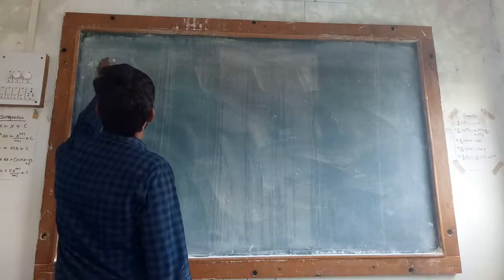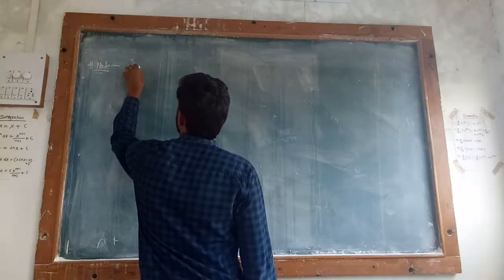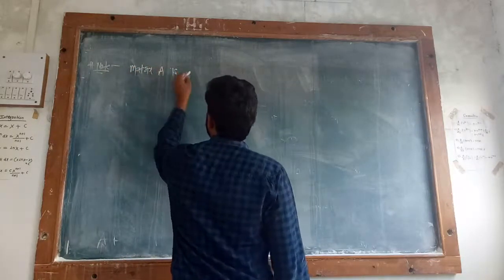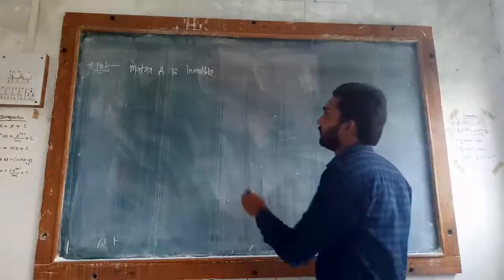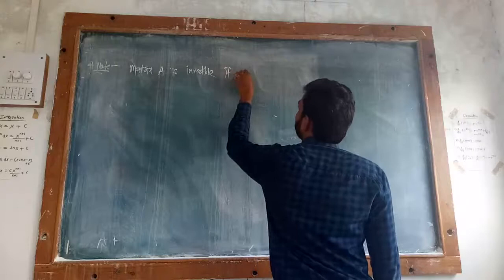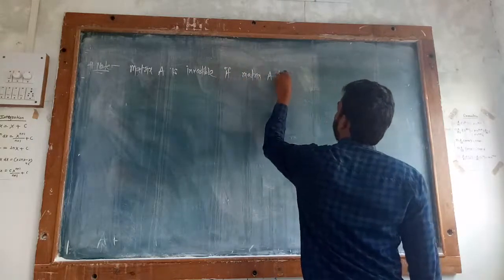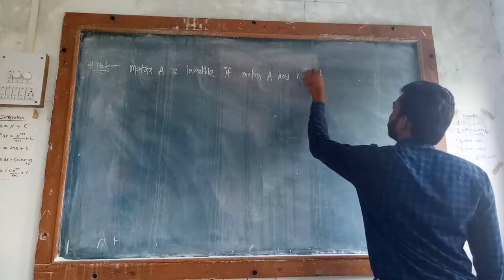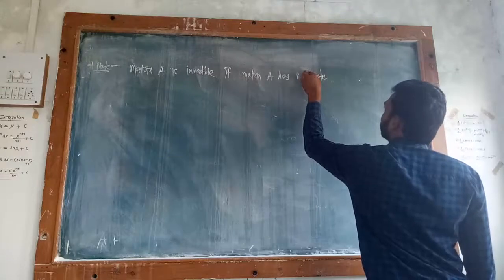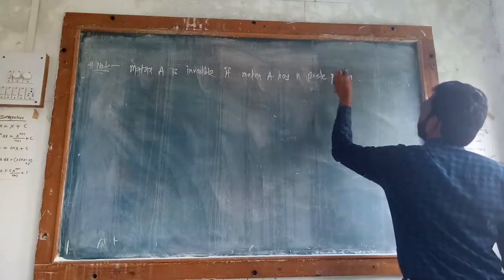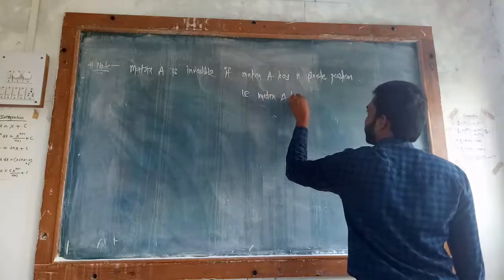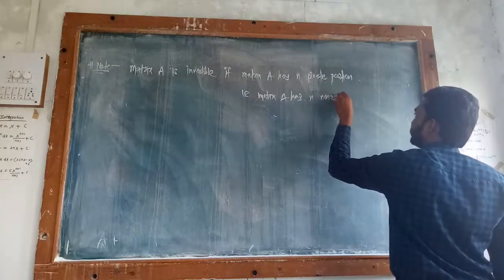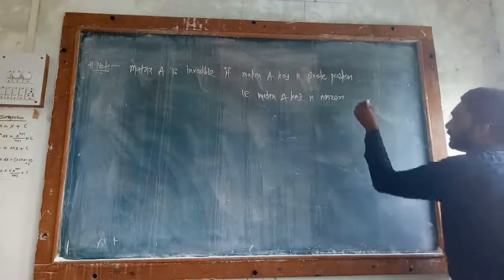Okay, so add a remark or note: matrix A is invertible if matrix A has n pivot positions, that is, if matrix A has n non-zero diagonal elements.